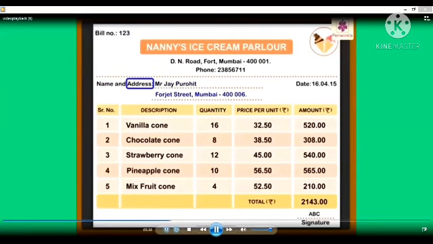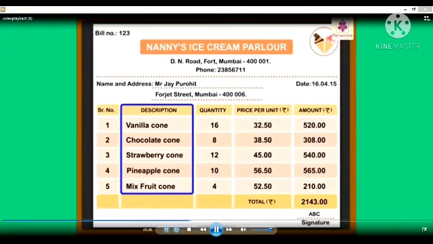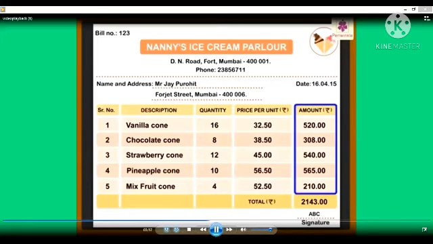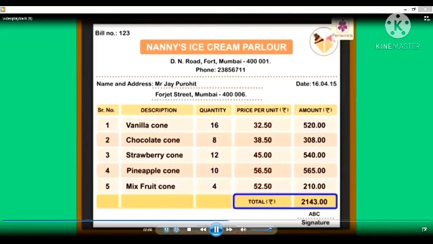Name and address of the customer, date on which the items are sold, serial numbers of the items, name and quantity of items sold, price per unit of the items sold, total cost of each item according to the quantity, that is, cost of each item into its quantity, total cost of all the items purchased, signature of the designated authority from the shop.